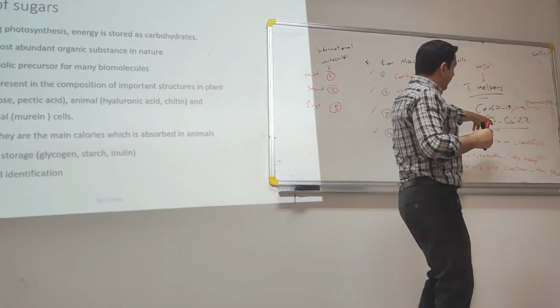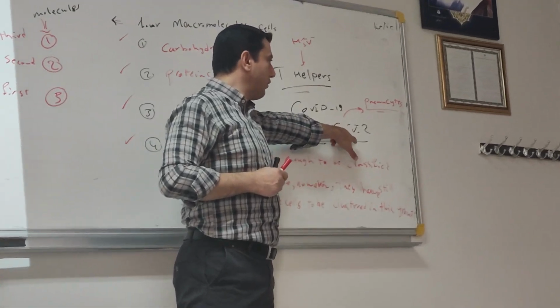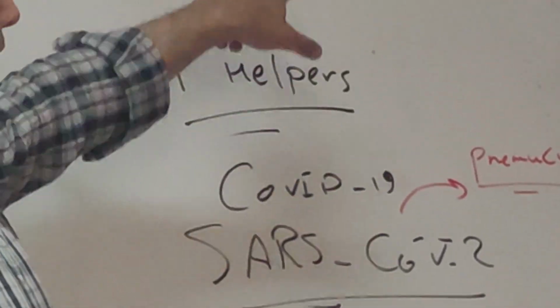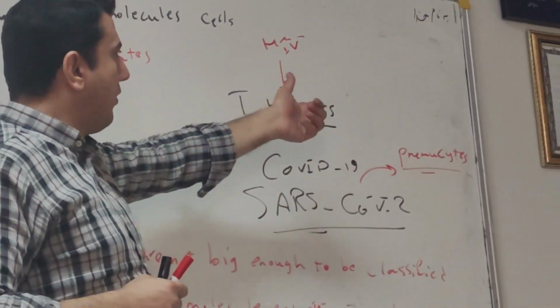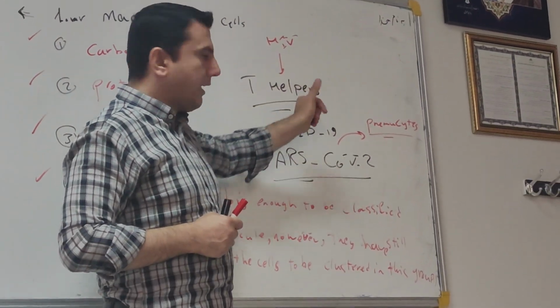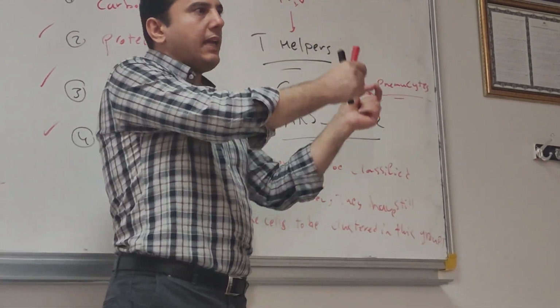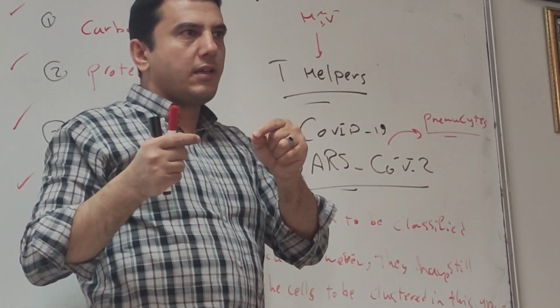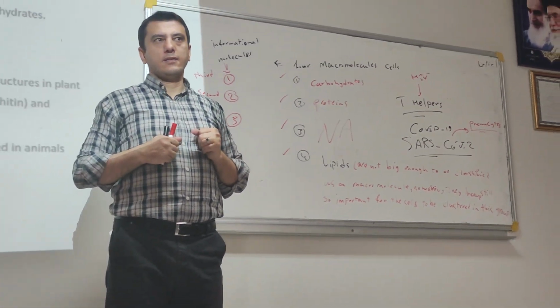So the key on the surface of HIV can only open T helpers, and the key of SARS-CoV-2 can only open its cells, and these keys and locks are produced from carbohydrates.